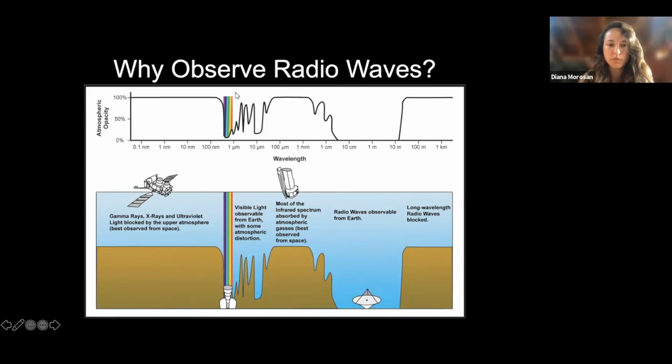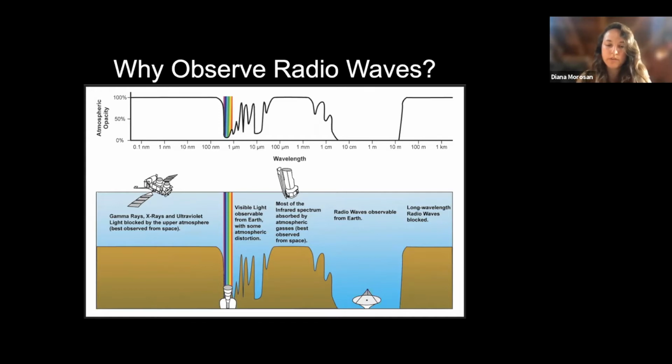So there's one small window in the visible range, a little bit in infrared, but then at higher and higher wavelengths, there's quite a big window in radio. A lot of emission at radio wavelengths from gigahertz to about 10 megahertz comes down here on Earth, and it's easily observable from the ground.